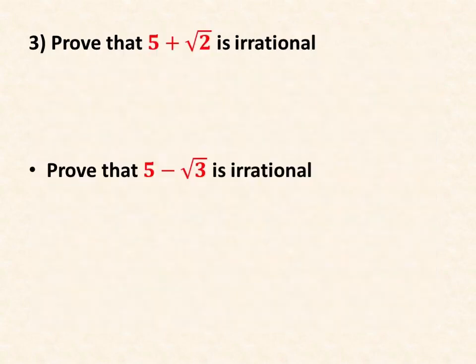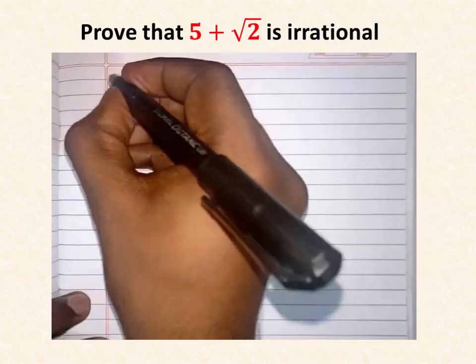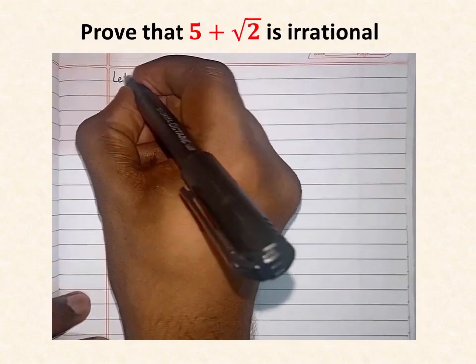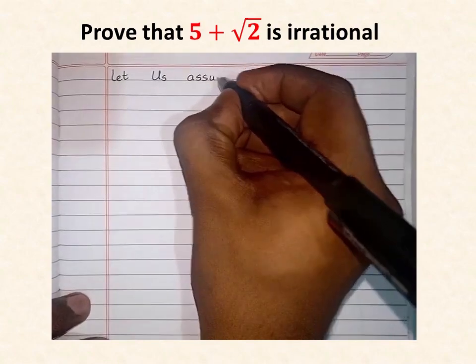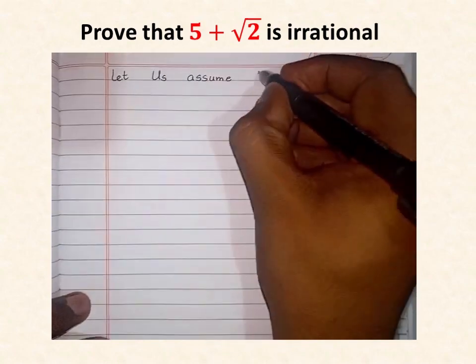So next question, proving 5 plus root 2 is irrational. Similar question for your practice. So to the contrary, we'll assume 5 plus root 2 as a rational number.